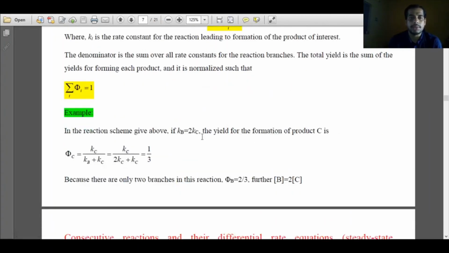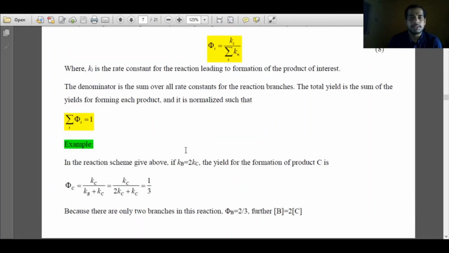For our example, in our graph we have mentioned that Kb is larger than Kc and Kb is 2 Kc. For this particular case, suppose A is forming B and C, and the rate constant for formation of B is 2 times the rate constant of formation of C. Then for such a case the yield of C can be found out by Kc over Kb plus Kc, and Kb can also be written as 2 Kc.